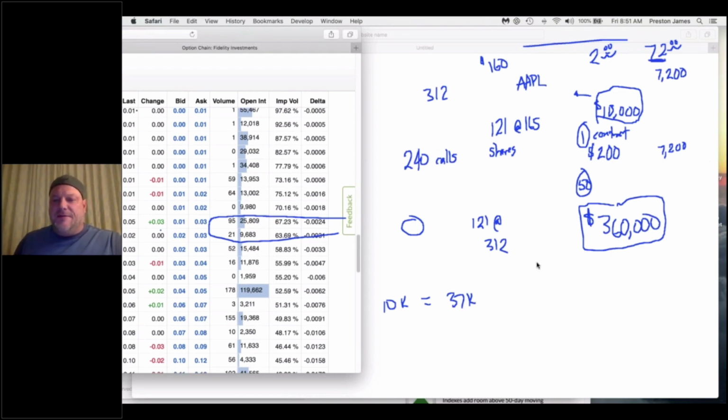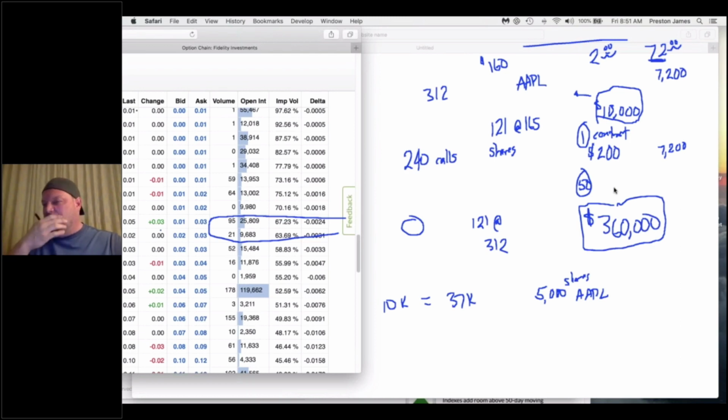Coming back to the fact that if you own the right to buy 5,000 shares of Apple, that's what 50 contracts is, right? You could do it on all of it if you want, or on a portion of it. You could call your broker and say, hey, out of these 5,000 shares, I'm going to sell 30 of these.